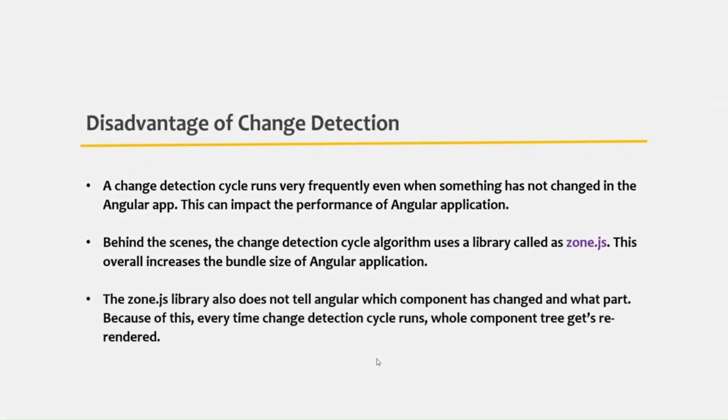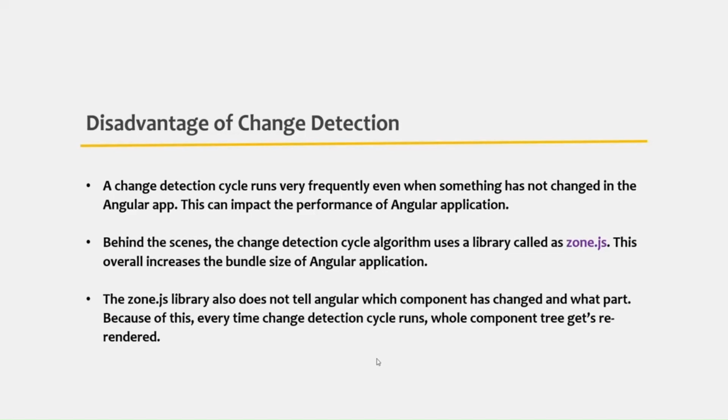And finally, the zone.js library also does not tell Angular which component has changed and which part of that component has changed. So let's say in our Angular application we have 15 components. And out of those 15 components, in one of the components, a property of that component has changed. But the zone.js library cannot tell Angular in which component and which property has changed.